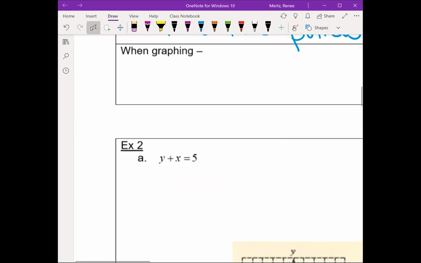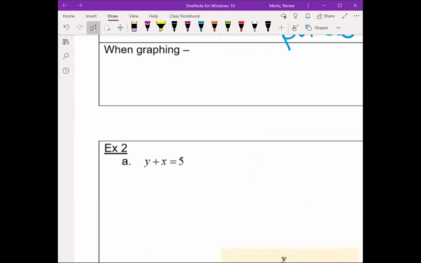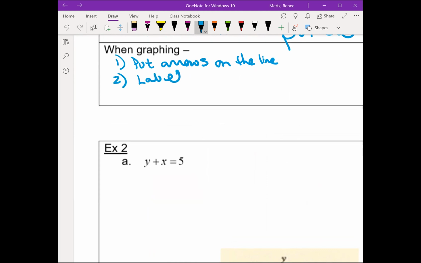So just a few things to remember when you're graphing. Put arrows on the line. Label the line with the original equation.